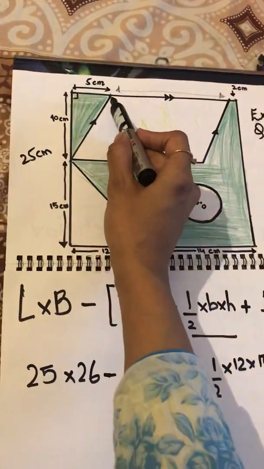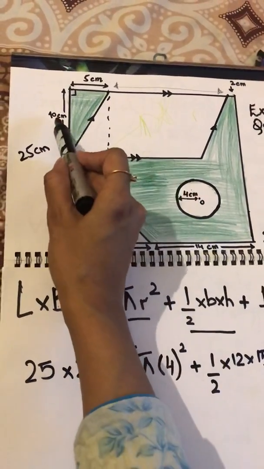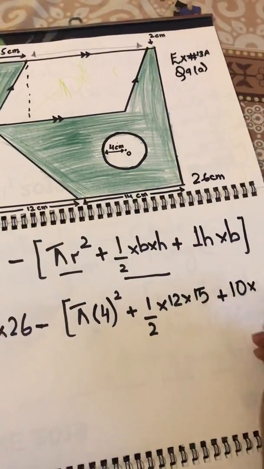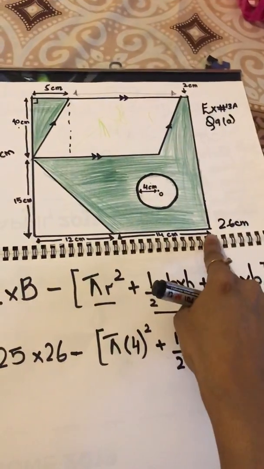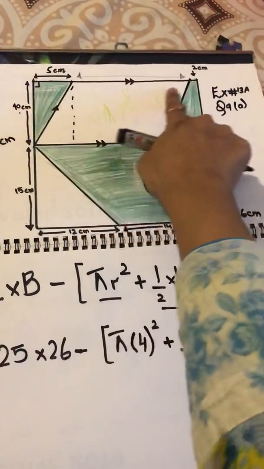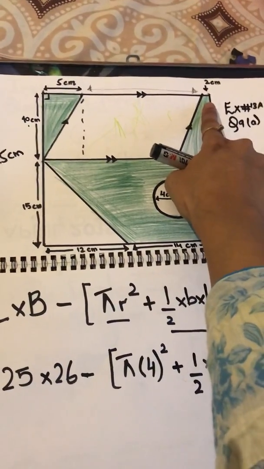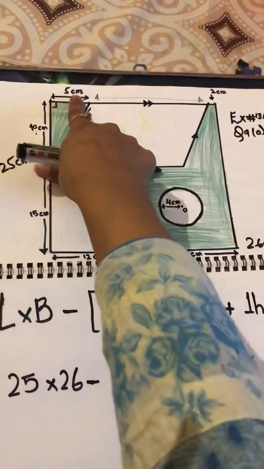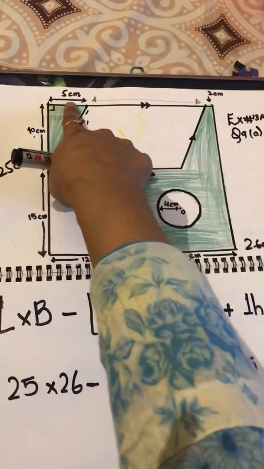The perpendicular height of the parallelogram, if I make a dotted line like this, is equal to 10 centimeter. So 10. And what is the base? Now that's a question. See, this total is 26. So this total will also be 26. And if we subtract these two lengths from 26, 2 plus 5 is 7, right?